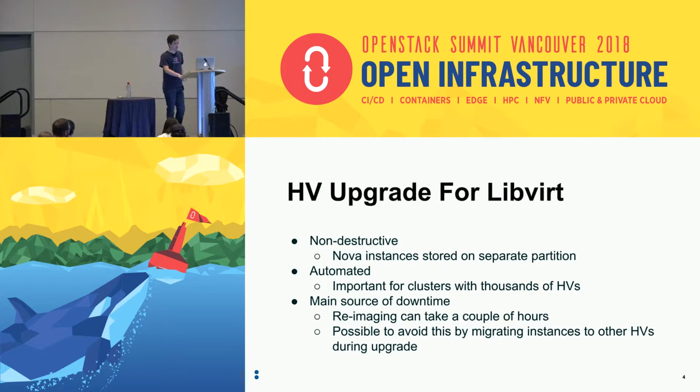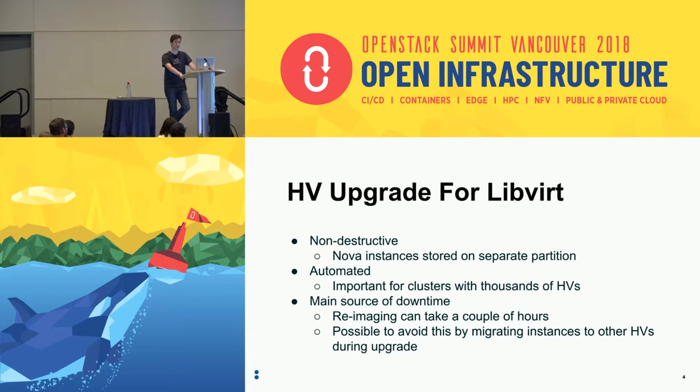And for us, this was our big source of downtime because it's simple. If the hypervisor is down, the VM running on it is down. That's maybe avoidable in some cases if you do something fancy, like if you have Ceph and you juggle instances around.